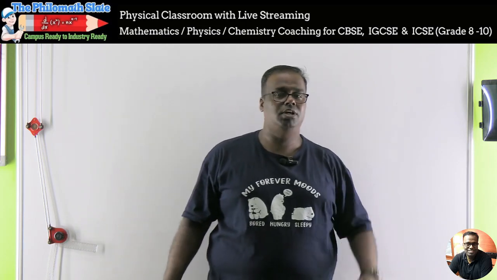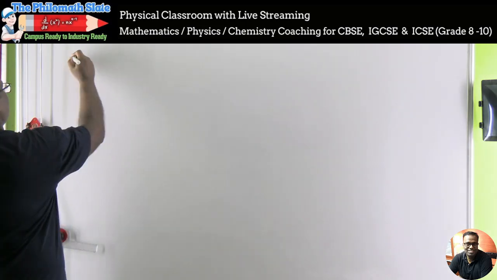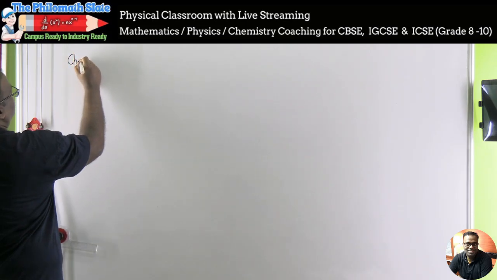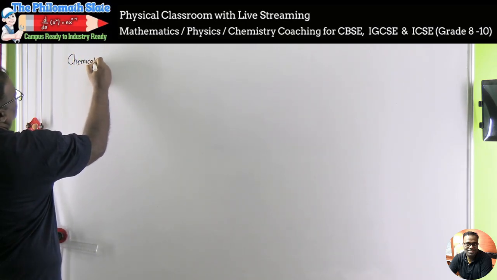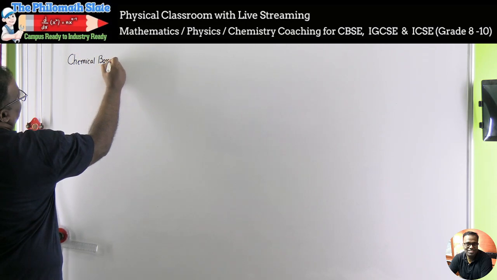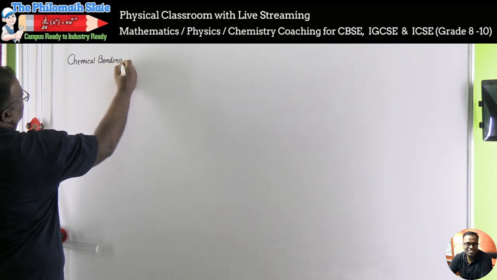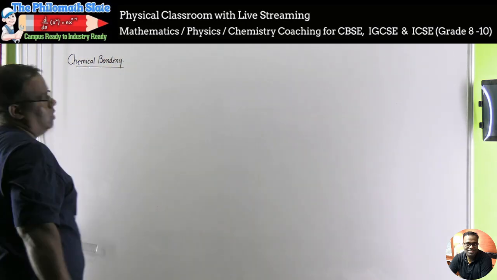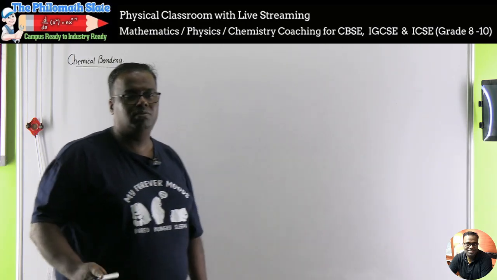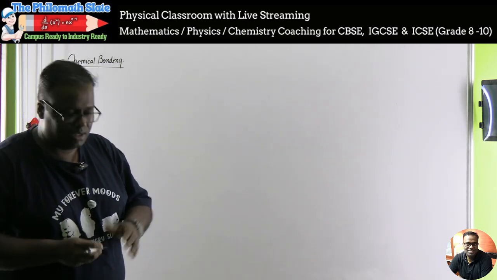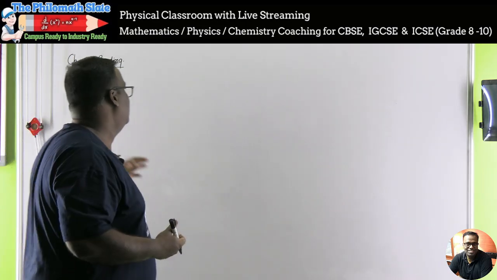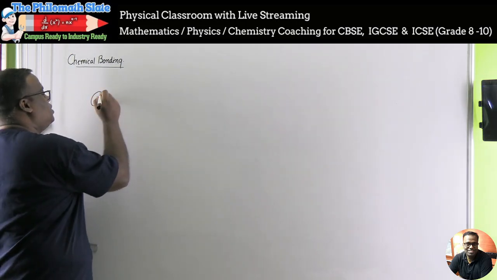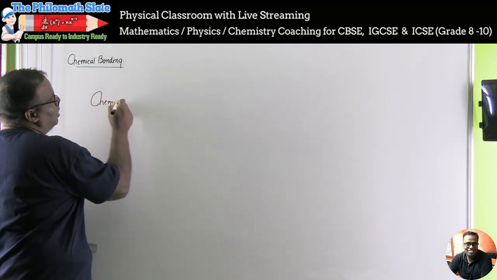Let's understand chemical bonding properly, okay? So let's start with chemical bonding. First I will tell you whatever the flow process is in my mind. We want to discuss in this chapter something called a chemical bond.